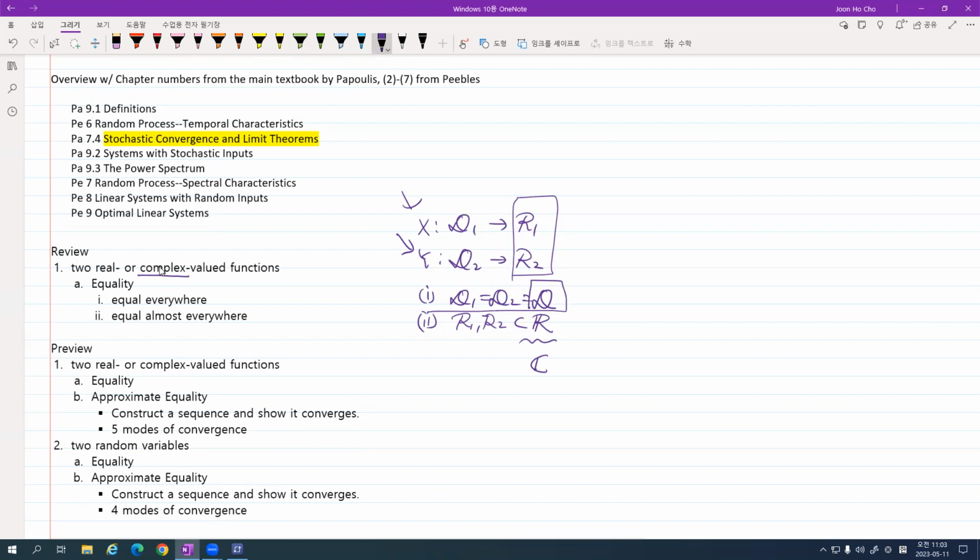However, without loss of generality, we are going to assume this domain is an uncountable set. For example, the interval 0 to 1, or the entire real line.